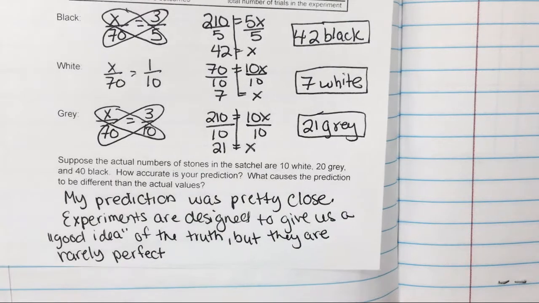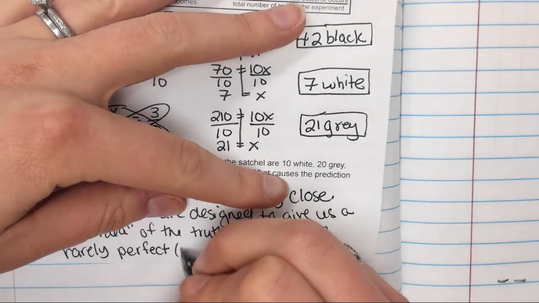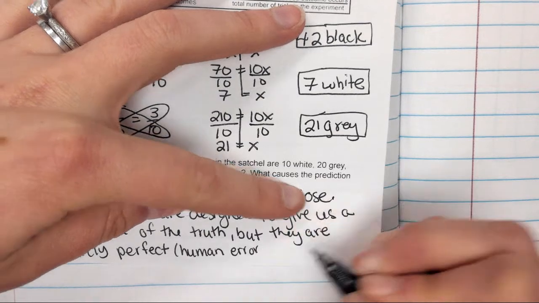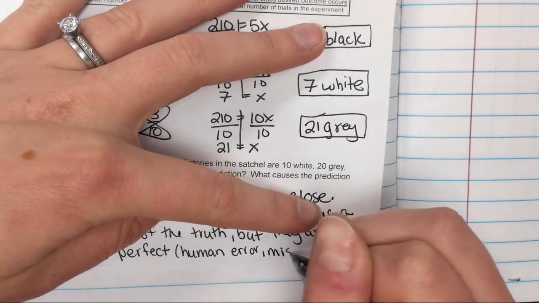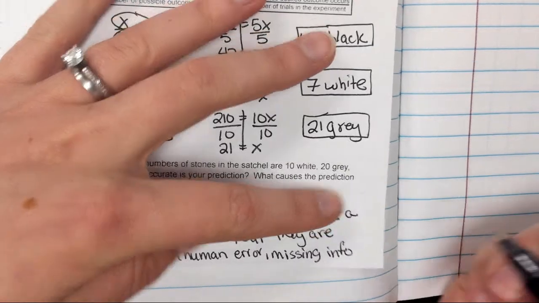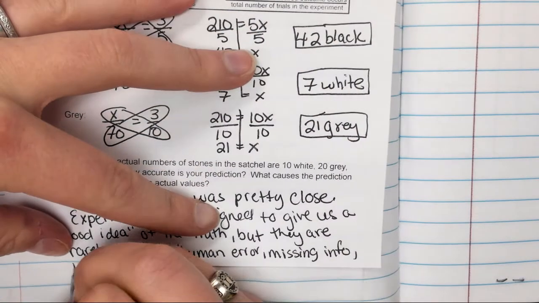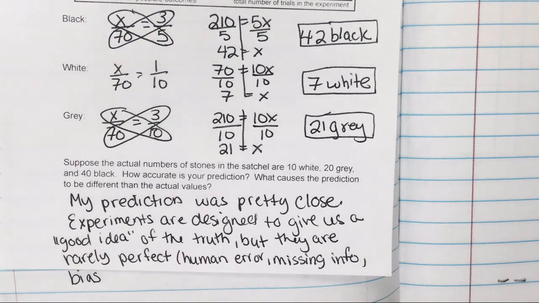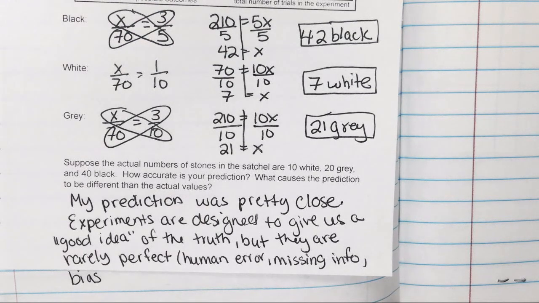This could be due to things like human error, missing information, something that scientists call bias. So sometimes the bias of the experimenter leads the data to not be exactly the way it should be. Things like that.